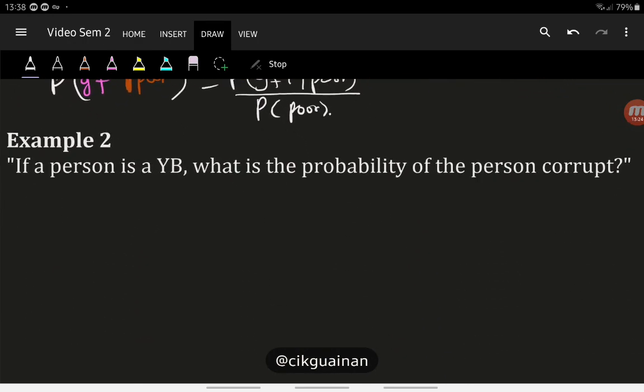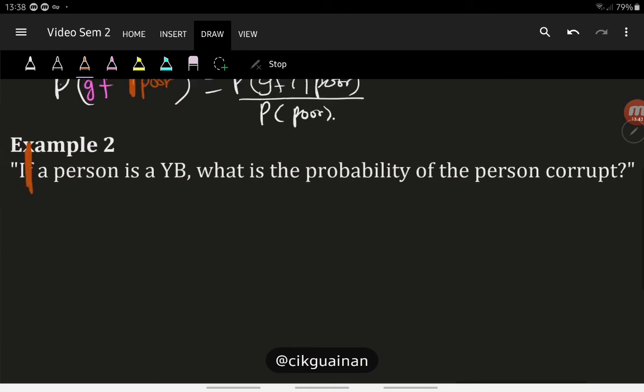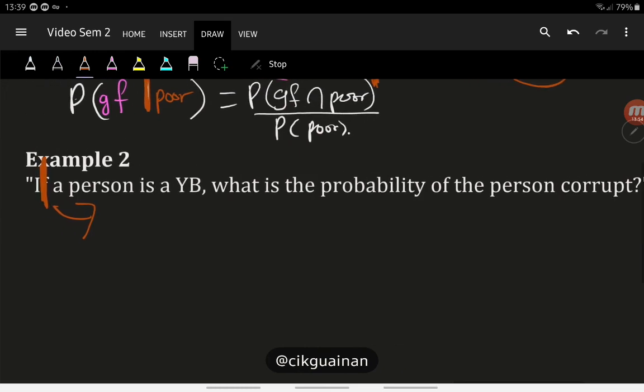Now, second example. If a person is a YB, what is the probability of the person being corrupt? First, the tip: find the word given or if. Over here there is no given, but we have if. Then look on the right hand side of the pole. What is the closest event? The closest event is a YB.